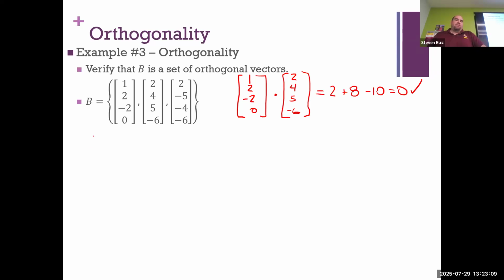It's not enough, though. What else do I need to do? Okay. Which one do you want to do next? First and third. So (-1, 2, 2, 0) dot (2, -5, -4, -6). How's that one work?